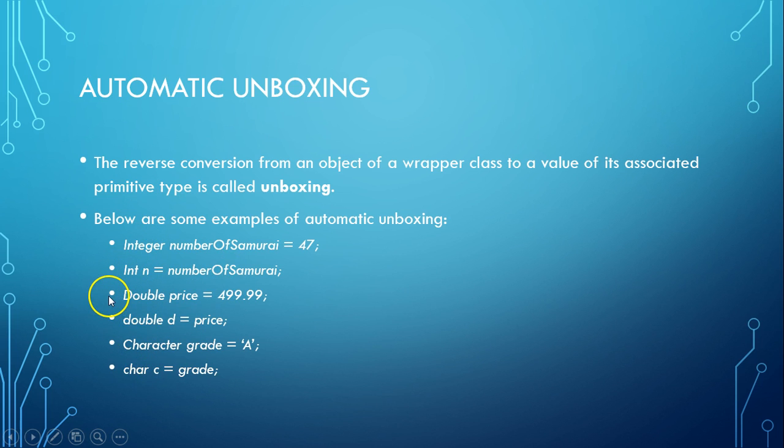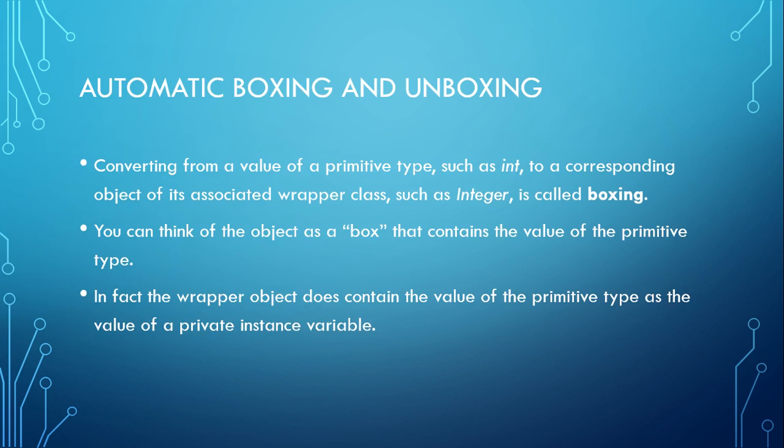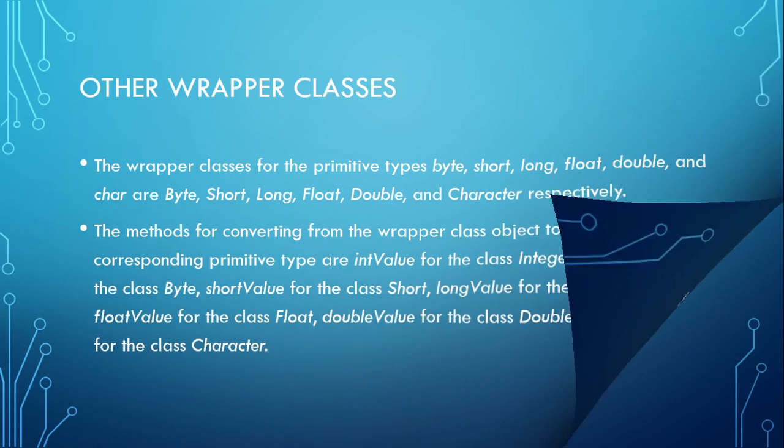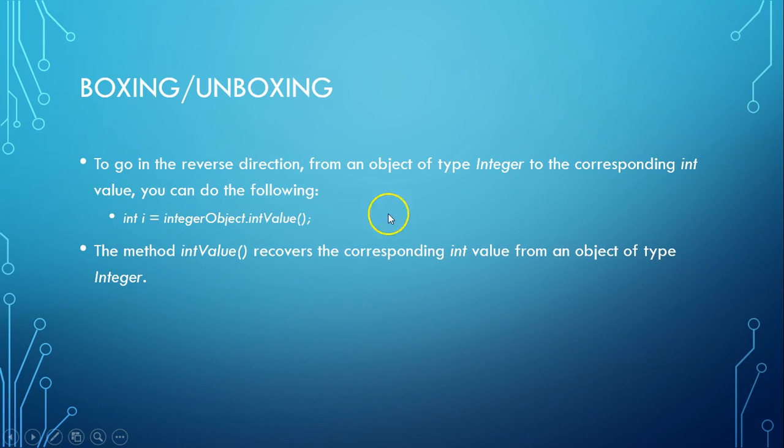If we look back at our slides from a couple of minutes ago, let me back it up real quick to our previous slide on unboxing. So right here, if I wanted to get it before, int i equals integerObject.intValue(), and then here would be where that value goes.